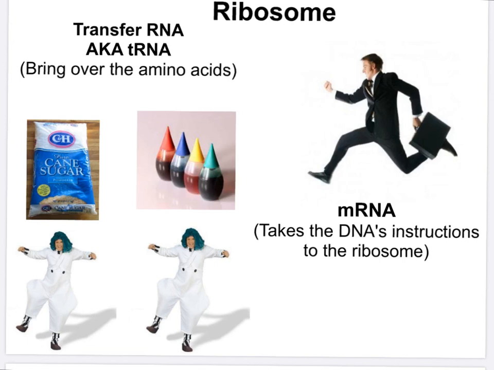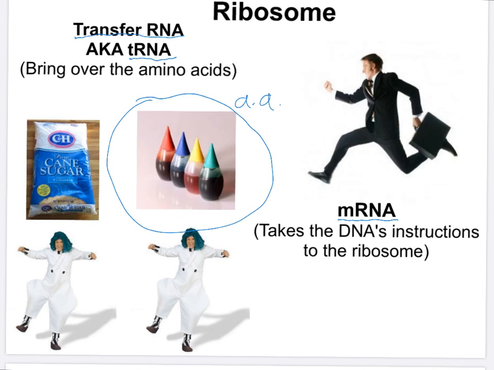So out in the ribosome, the mRNA with that message from the DNA comes in, and then the workers now are called transfer RNAs, also abbreviated tRNA. And so the tRNA bring over the amino acids, because amino acids are the building blocks of proteins.